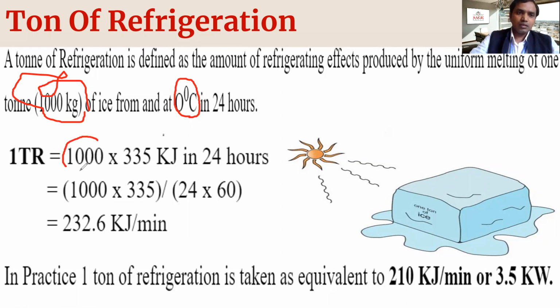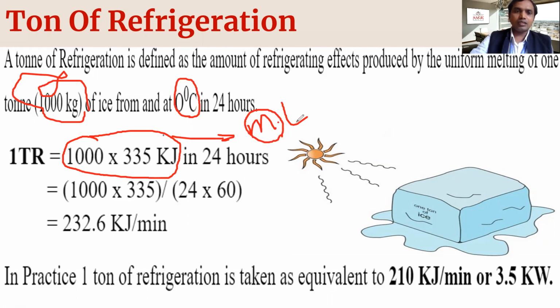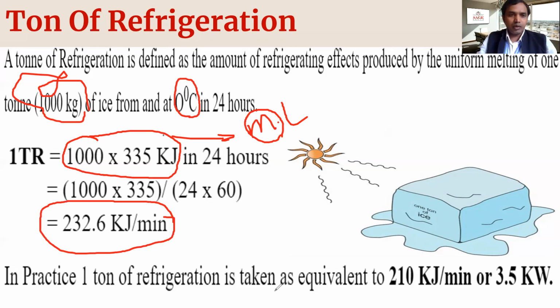Now we can calculate how much heat is removed during this process. We get this from m into L, where m is the mass of the ice and L is the latent heat. The latent heat of ice is 335 kilojoule per kg. If the ice is 1000 kg, then we get the value 232.6 kilojoule per minute.